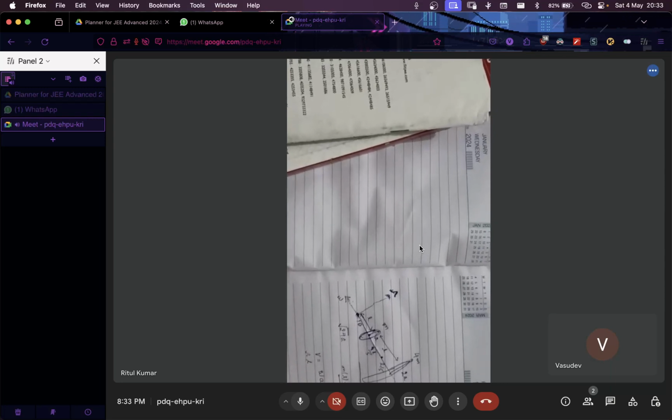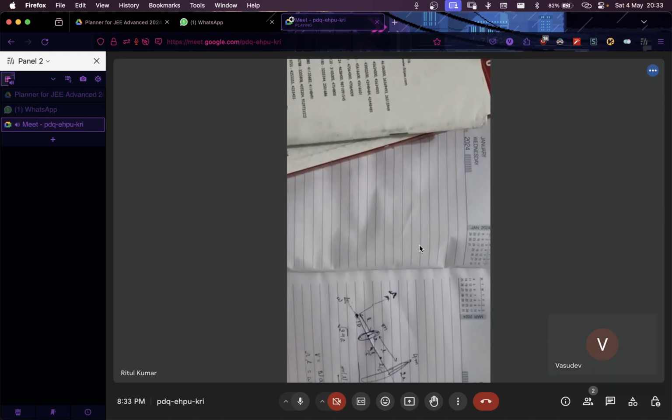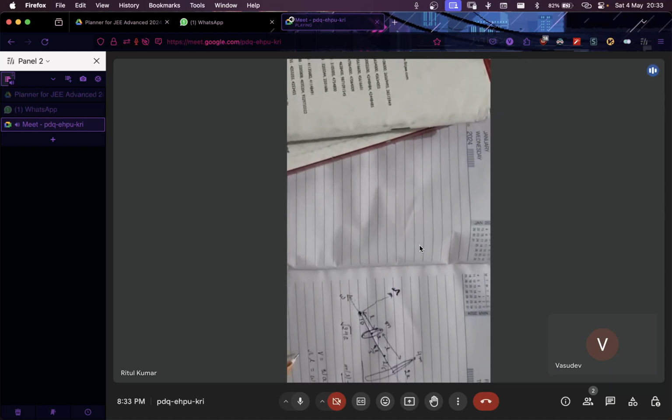It should be equal to omega into a. And then from here, what we get is capital omega, given L as under root of 24a. We got it as omega under root of 24, right?